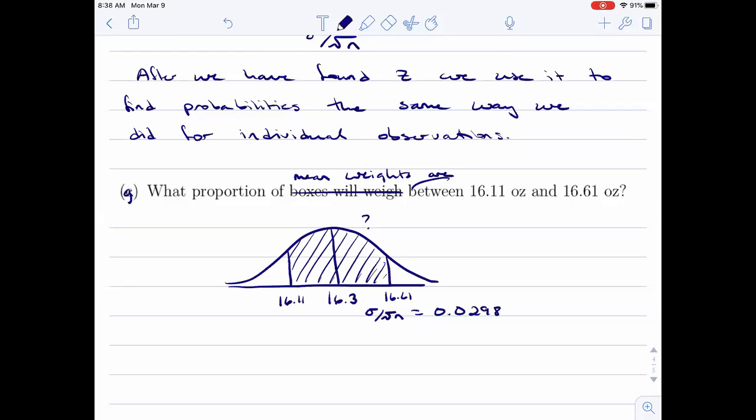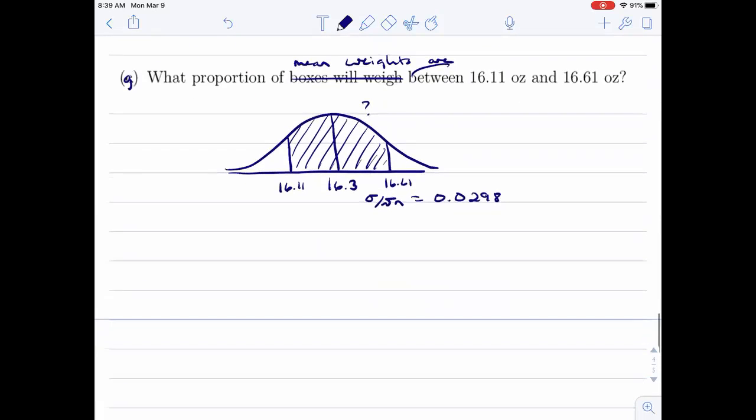So same thing that we did before. We're going to calculate z-scores, and then we use the z-table to find these areas. So if we call this x lower, but now it's an x bar, because we're talking about a mean, and this is an x bar upper, just so we can keep track.